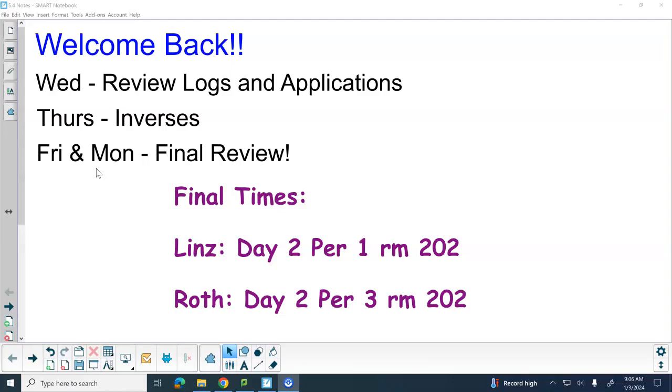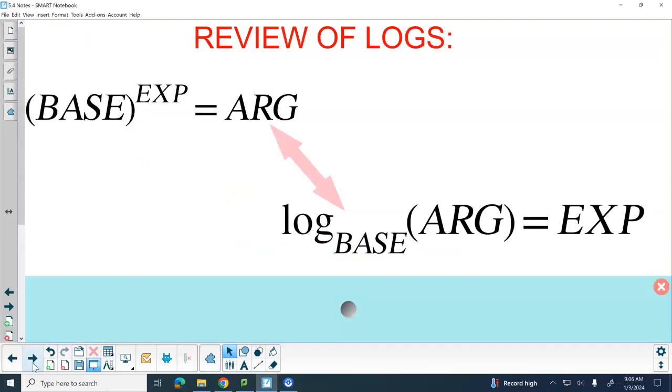All right, let's do this. So, a quick review of logs. Remember that this should be on your note sheet for sure, going into next week's final.